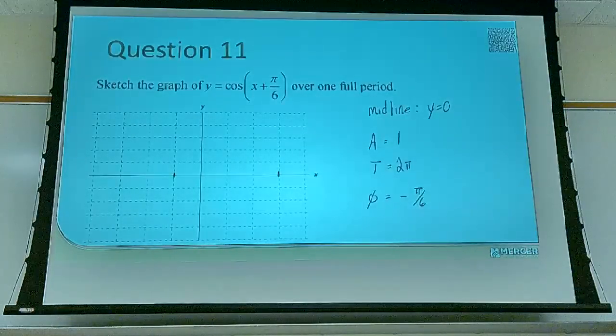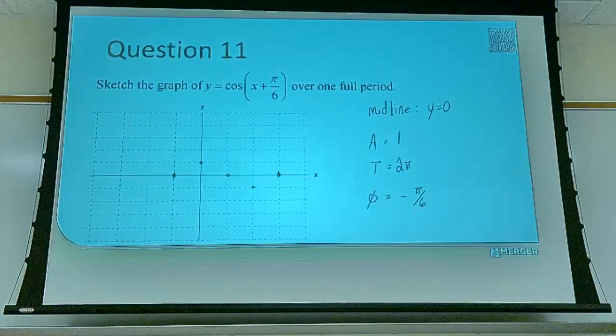At every odd multiple of pi over 2, cosine is 0. Cosine of negative pi over 2 is 0, cosine of pi over 2 is 0, cosine of 3 pi over 2 is 0. At 0, cosine is 1. At pi, cosine is negative 1.